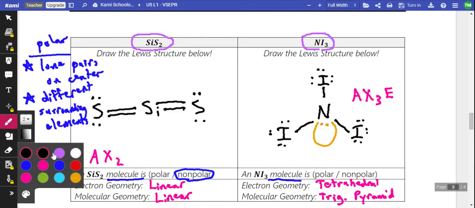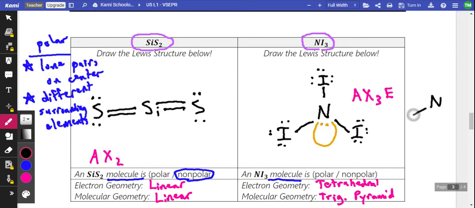In terms of 3D shape, our trigonal pyramid looks something like this. We've got an iodine off to the side, an iodine coming out at you, and an iodine going out into the background there. Your lone pair of electrons here is making it a little bit lopsided.